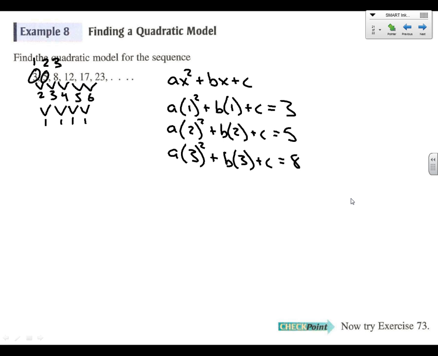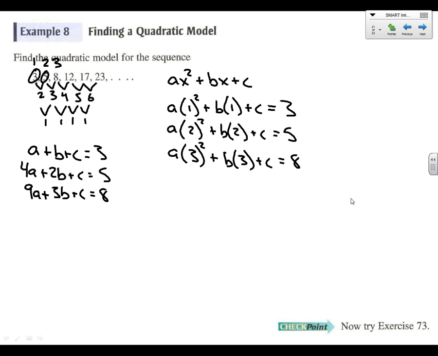All right, so rewritten here, this is going to be a plus b plus c is 3. 4a plus 2b plus c is 5. 9a plus 3b plus c is 8. And so we could use some elimination and solve this going through it, okay?